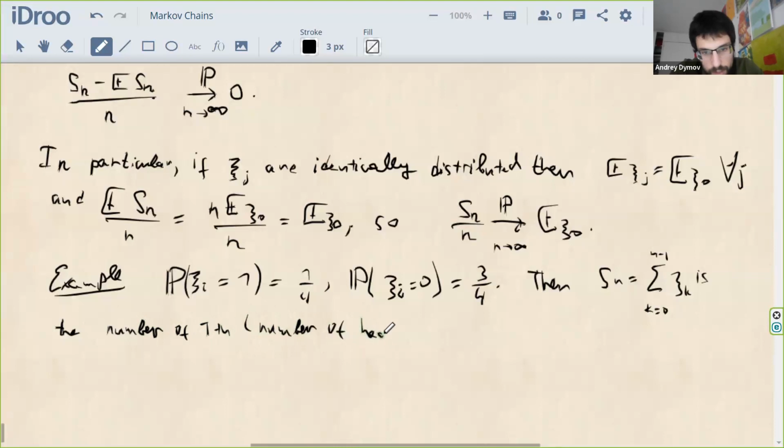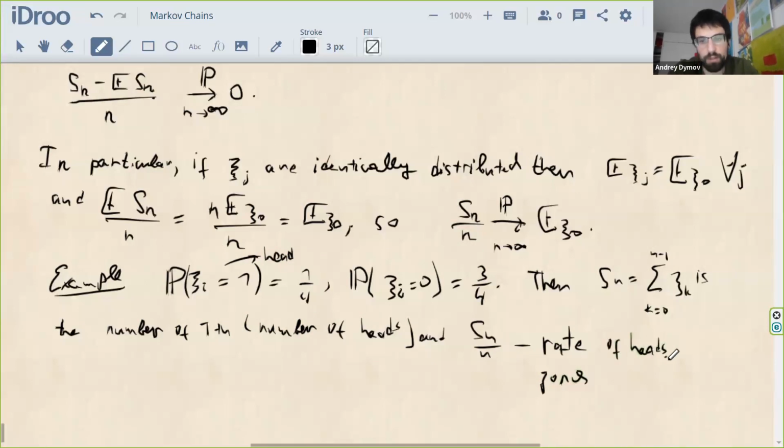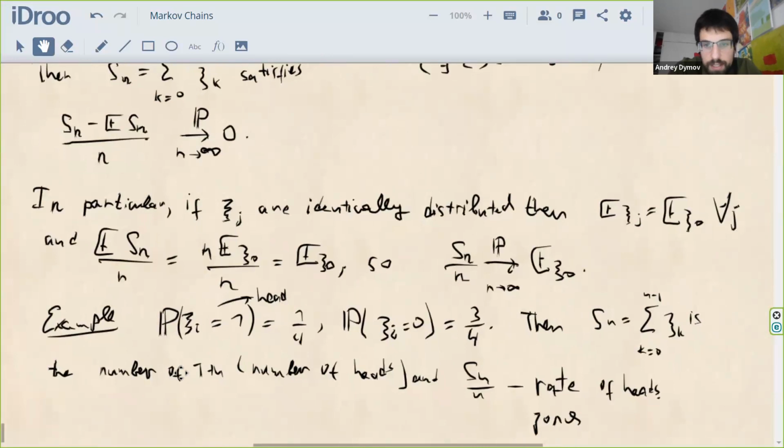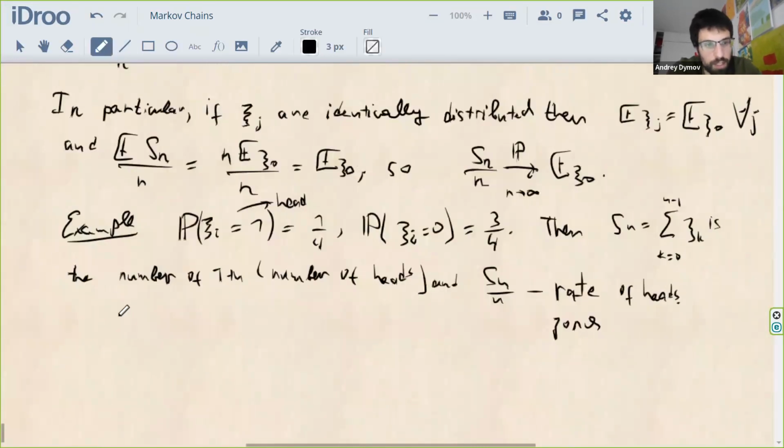It is the number of heads. And Sn over n is the rate, the fraction of heads.